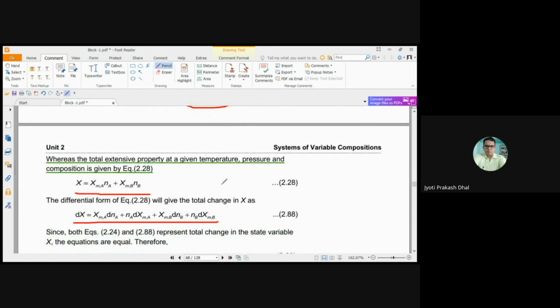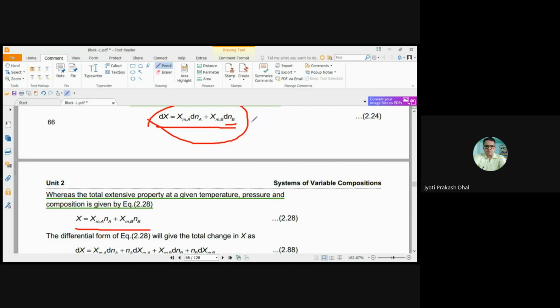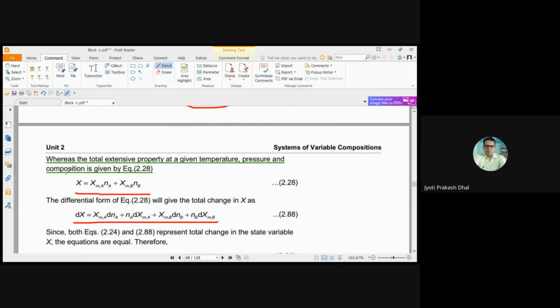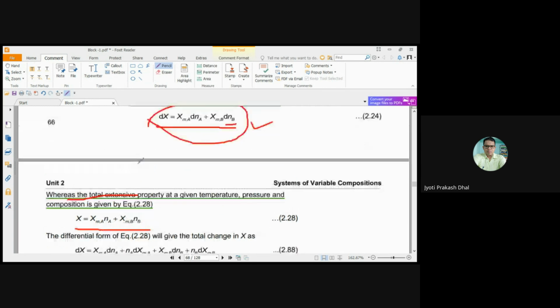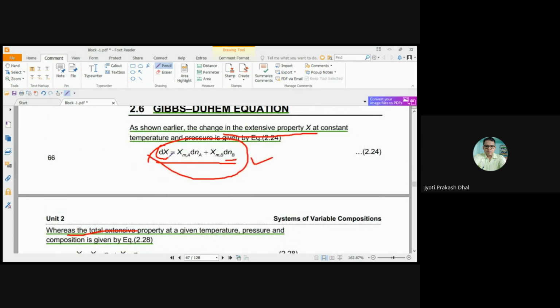So initially we have derived this expression also. Here this is the infinitesimal change of the extensive property X, that is dX.